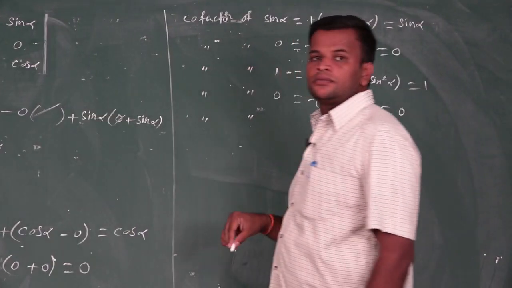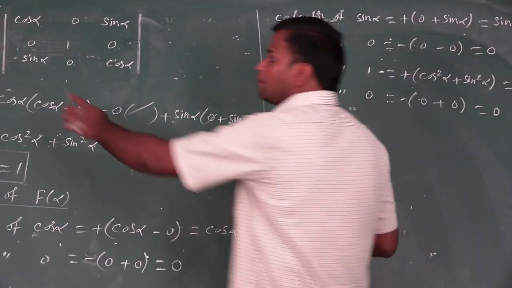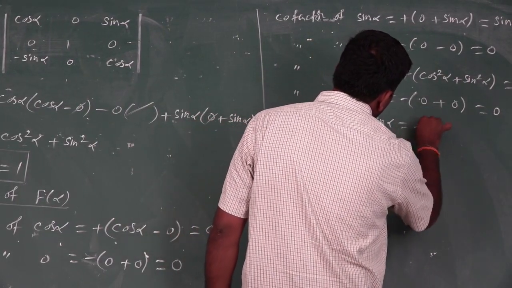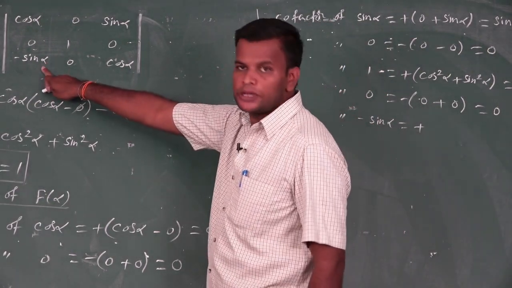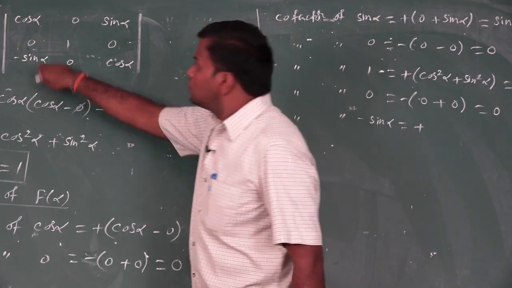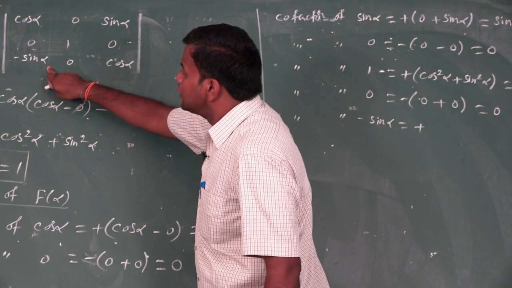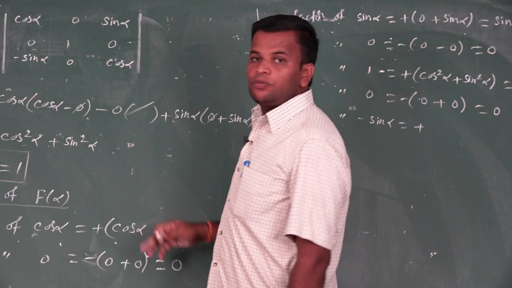Next one. Cofactor of, after 0, the next element is minus sin alpha. The place value sign is plus. Plus or minus will come out, so plus. Now we leave this column and this row. The element minus sin alpha occurs in the first column and third row. We multiply the remaining elements.